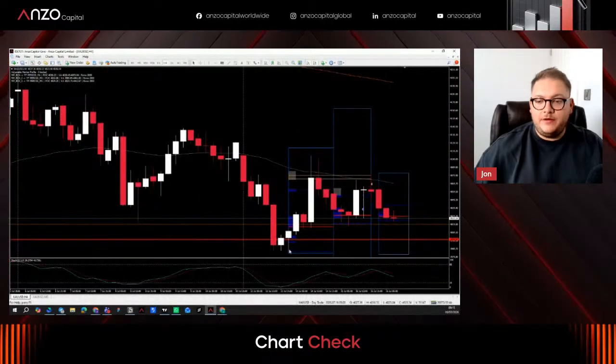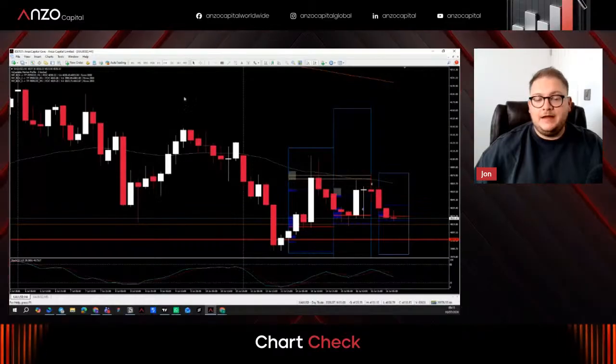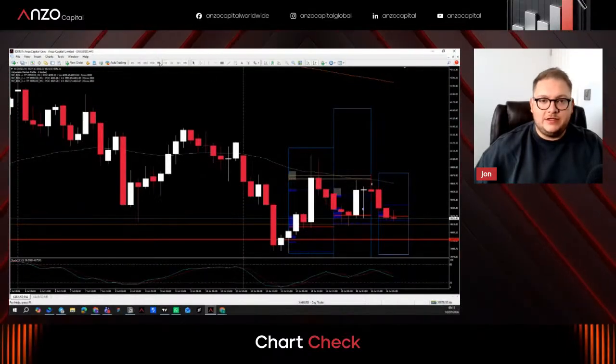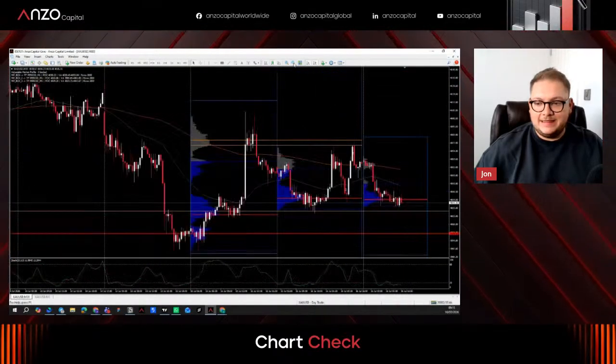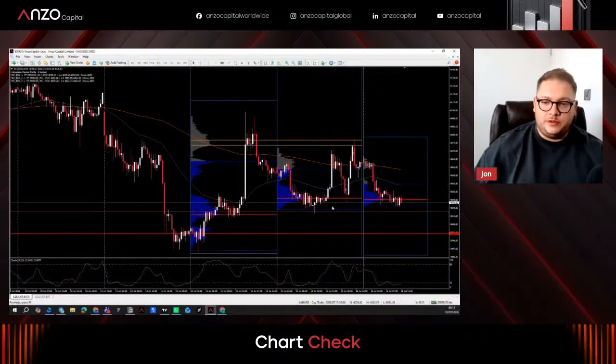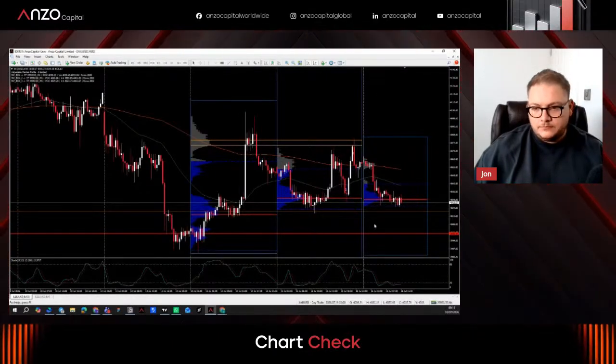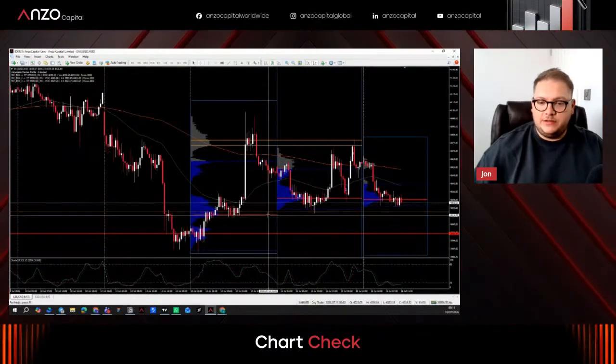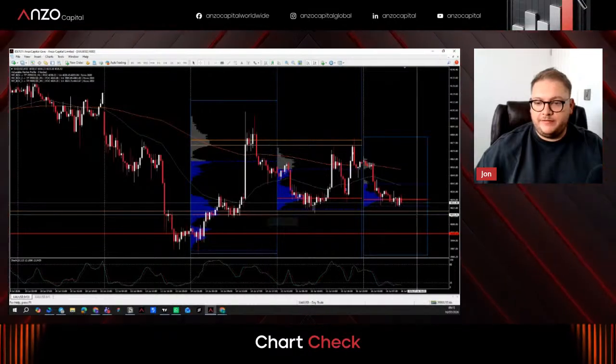In that scenario, I want to be looking to go long. There are a couple of ideas for how we could get into that trade, and a couple of levels I want to point out. The first level is around this $4,015 level.